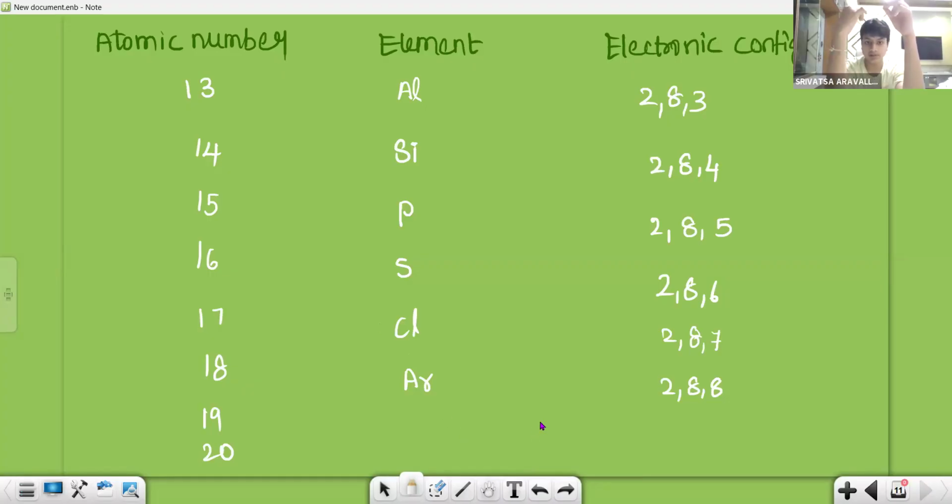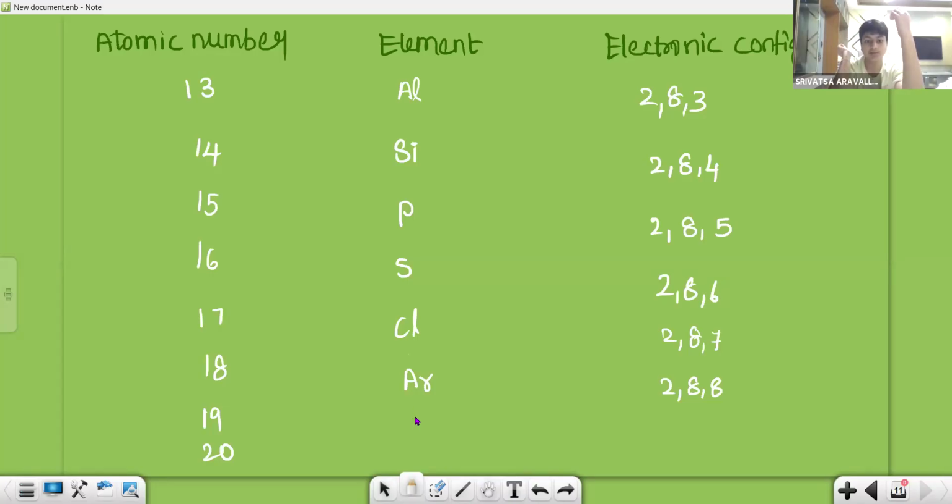Hydrogen, helium, lithium, beryllium, boron, carbon, nitrogen, oxygen, fluorine, neon, sodium, magnesium, aluminium, then 14 silicon, 15 phosphorus, 16 sulfur, chlorine, 18 argon, 19.